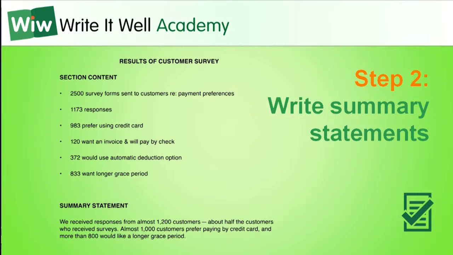Here's an example. We received responses from almost 1,200 customers, about half the customers who received surveys. Almost 1,000 customers prefer paying by credit card, and more than 800 would like a longer grace period. So this is your summary statement based on all of the information that you've collected.